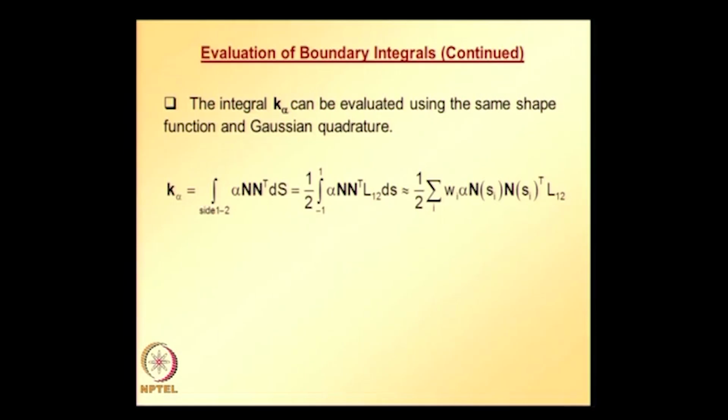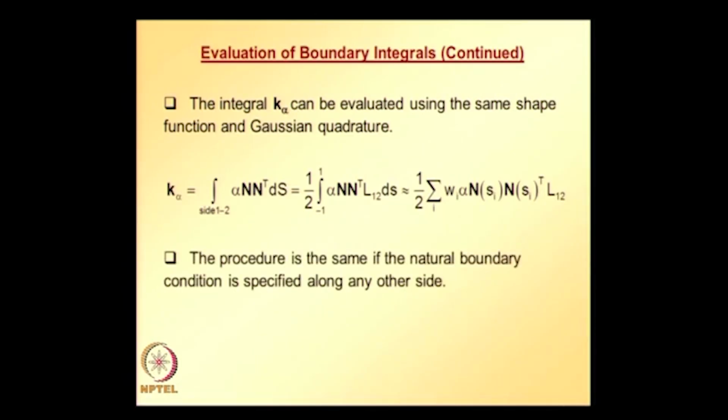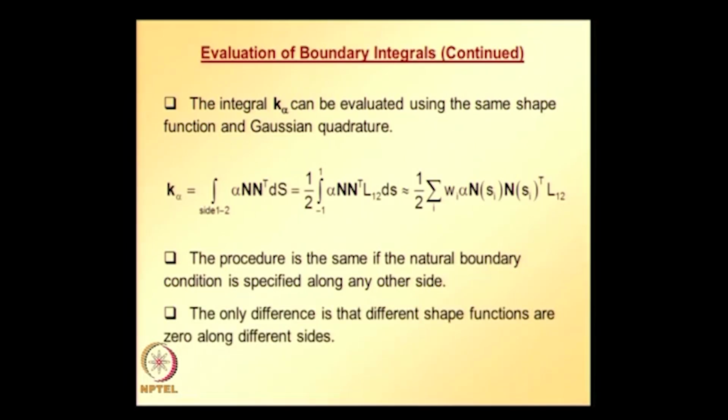We need to substitute the corresponding shape function vector, and all these concepts will be made clear once we solve a numerical example. So, the procedure is the same if a natural boundary condition is specified along any other edges or sides, with the only difference being that shape functions are 0 along different sides.